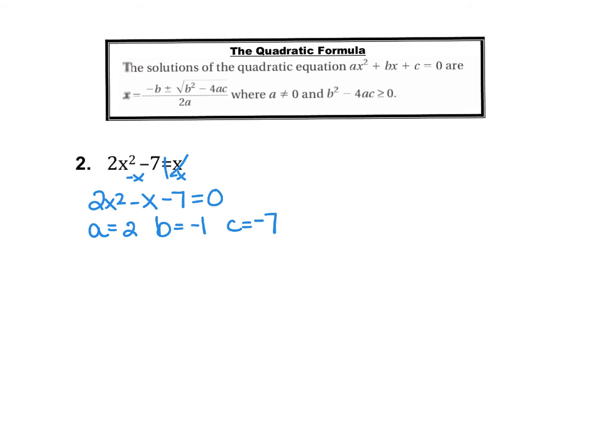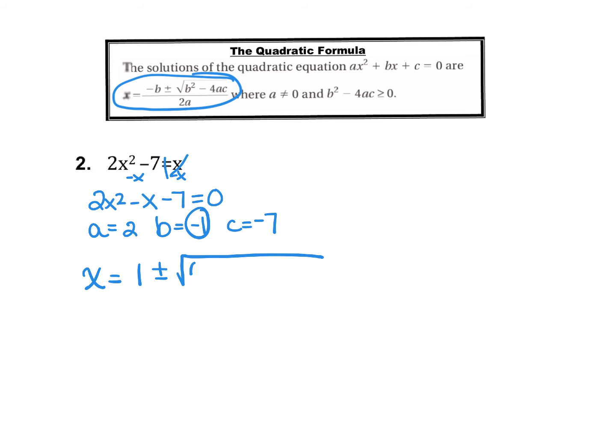And remember, here's our quadratic formula right here. We're going to plug the a, the b, and the c into that quadratic formula. So I'm going to have x is equal to negative b. Now negative b is going to make that a positive b, or positive 1, plus or minus the square root of b squared. Here's where you have to be really careful.